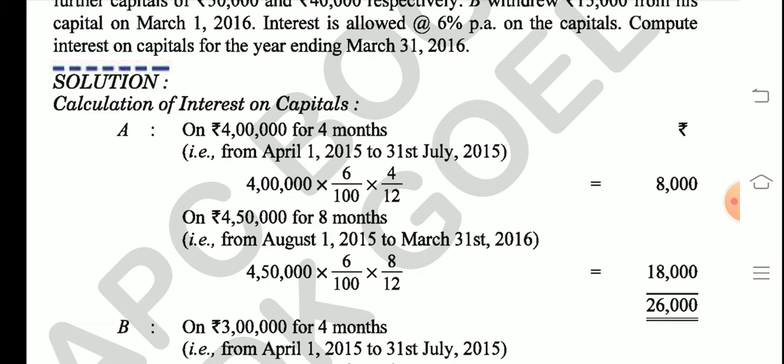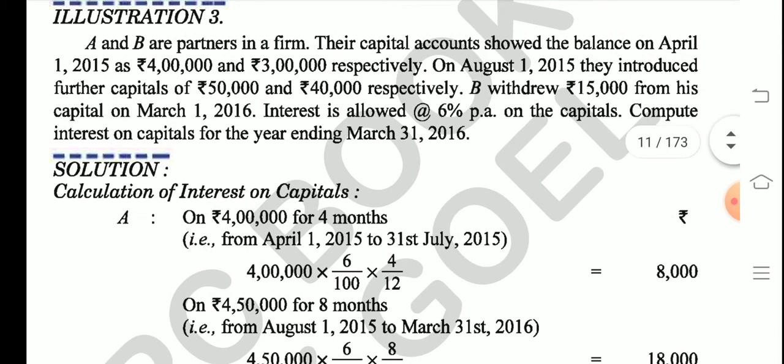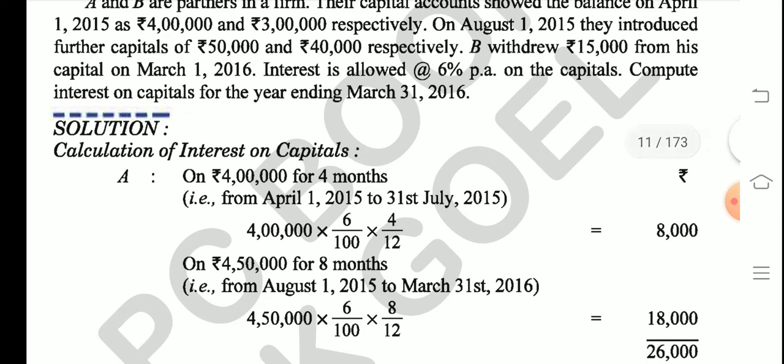So as you can see, this illustration is very easy. First the interest was calculated for 4 months, and then the interest was calculated for 8 months, that is from 1st August to 31st March. And B, sorry, I forgot to mention that B has withdrawn some money. See, A's capital remains the same because A has not drawn anything out of that capital.